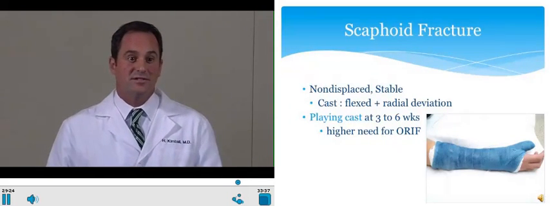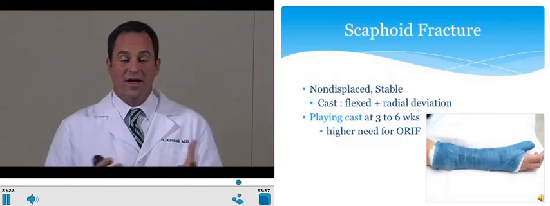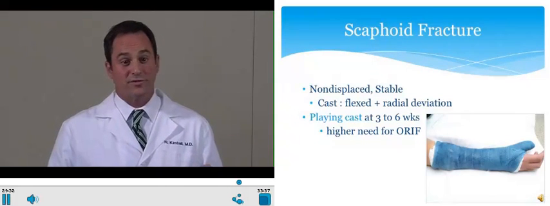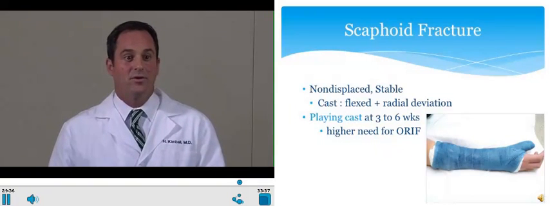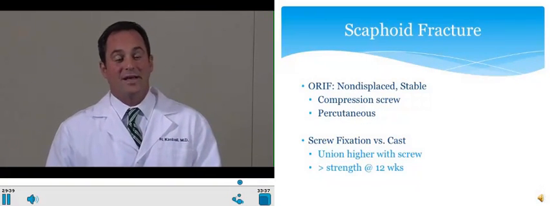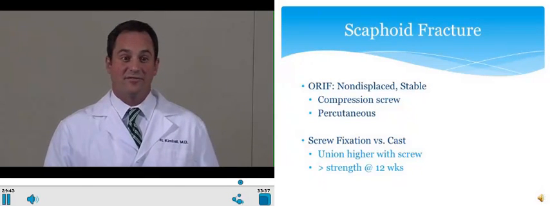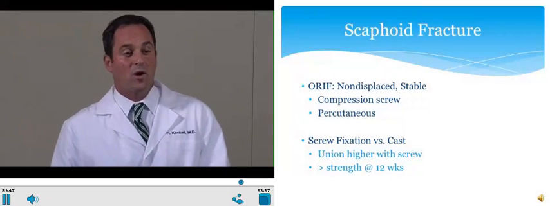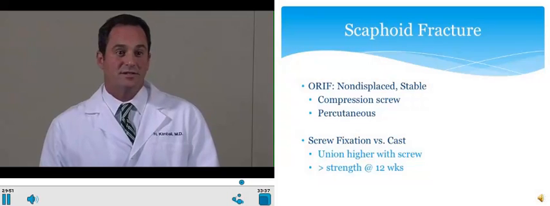When we've looked at studies allowing athletes to get back to playing in casts, we found that they actually have a higher rate of needing to undergo surgery, because they go on to non-union at higher rates. Based on this and some other studies looking at the cost effectiveness of care, most would favor ORIF, or open reduction internal fixation, to treat these.